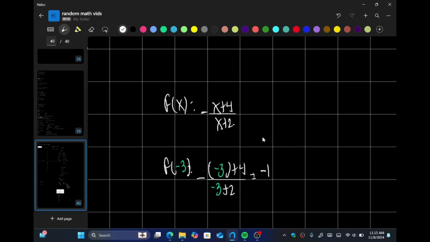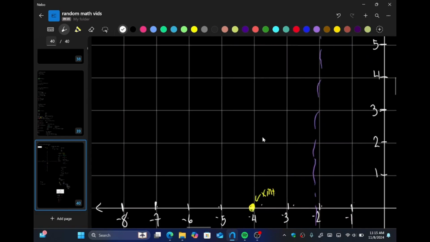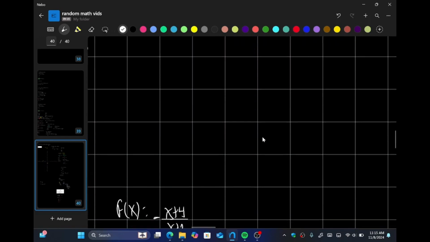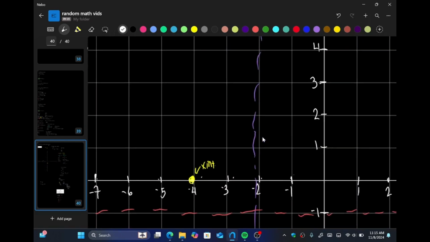So really this is negative 1 over negative 1, which is 1. So we know that we have the point negative 3 comma 1. Okay, guys, so we know that when x equals -3, y equals 1, so we're going to put that here.